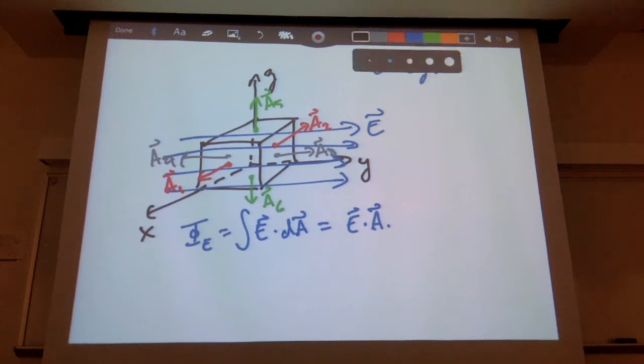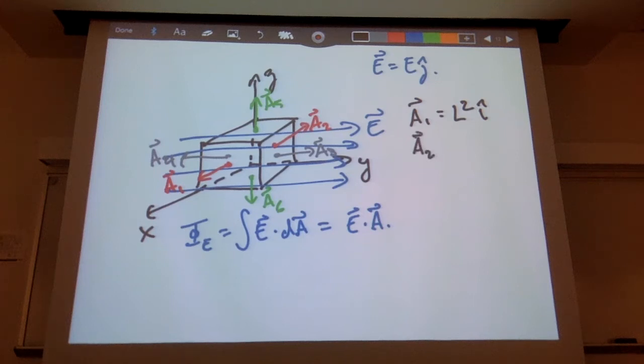So that means area 1 is going to be equal to what? The area, which is the length squared, because it's a cube, times the direction, where the direction in this case is simply the i-hat direction. Area 2 is then going to be equal to negative L squared in the i-hat direction, because it points in the negative x direction. Area 3 is then going to be what? L squared pointing in the j-hat direction.